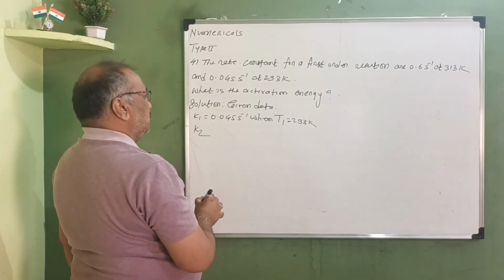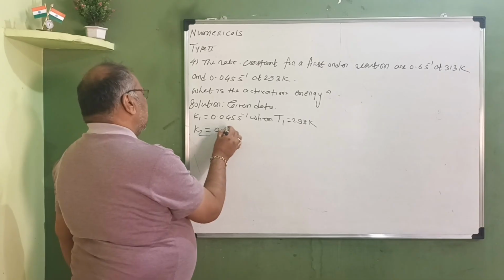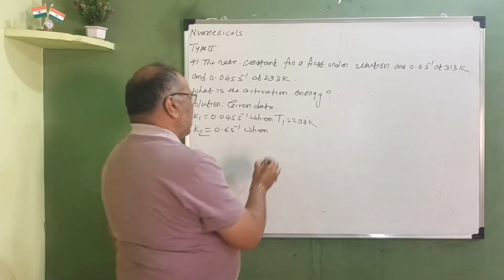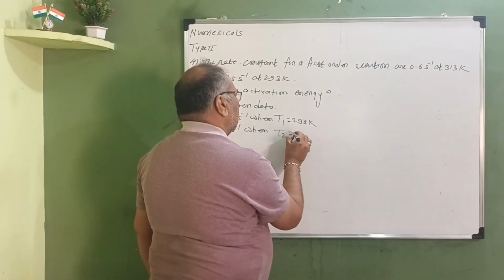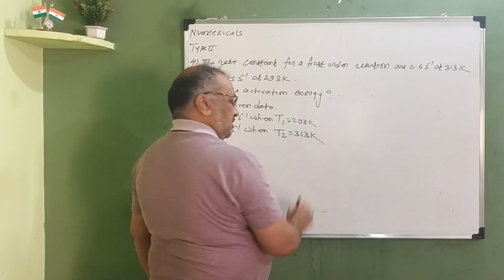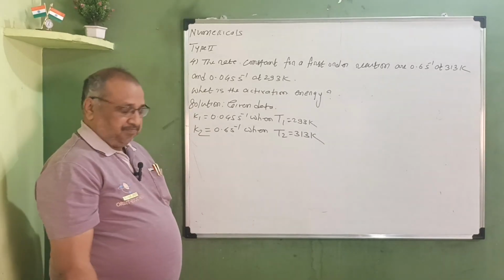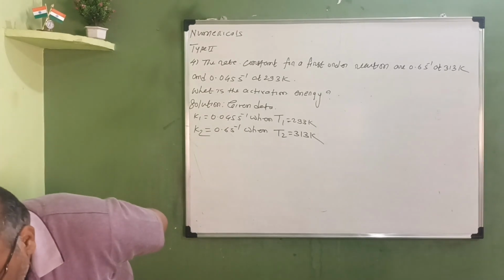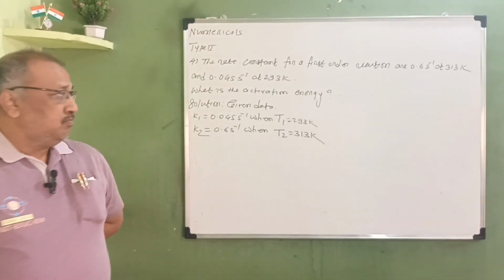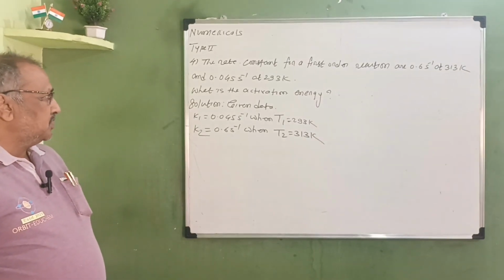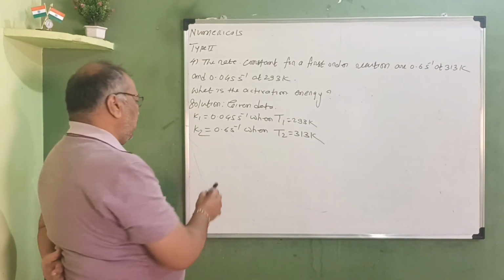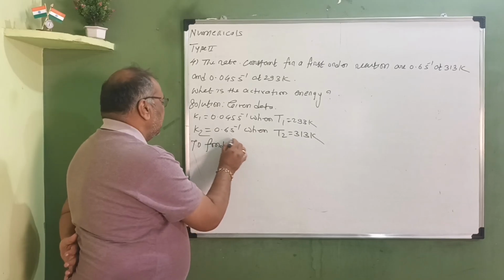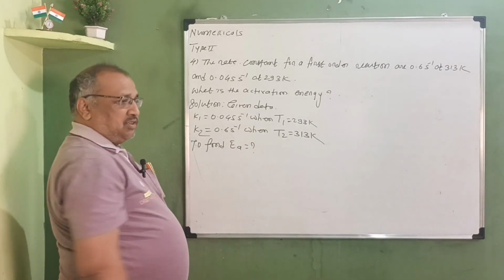K2 is equal to 0.6 second inverse when temperature T2 is equal to 313 Kelvin. And here to find EA equal to question mark.